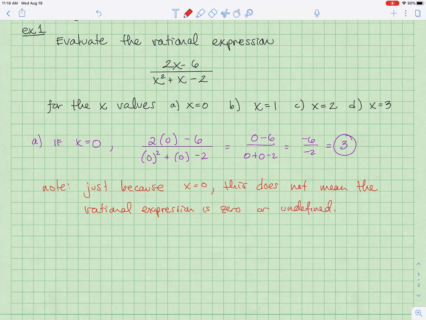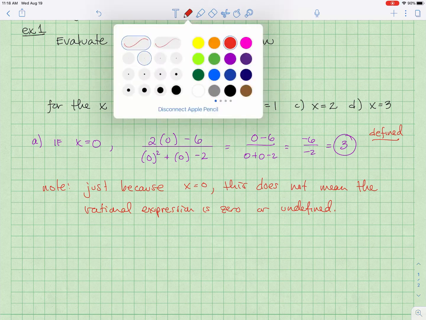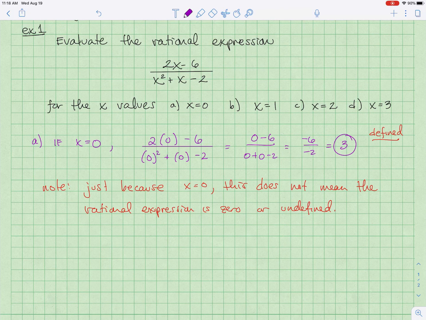You're not going to be able to determine either one of those until you actually plug the value in and simplify. This has to be actually defined. We typically don't write that, or as a student you wouldn't write at the end of your answer, that this is defined. But if we get in the habit now, it'll be a little bit clearer when we get to something that's undefined. So I'm just setting a precedent here. Okay. So when you plug in 0, you get out 3.